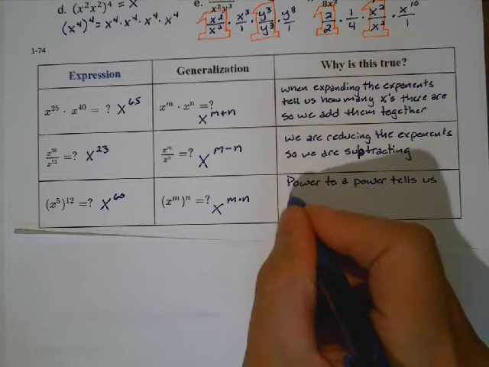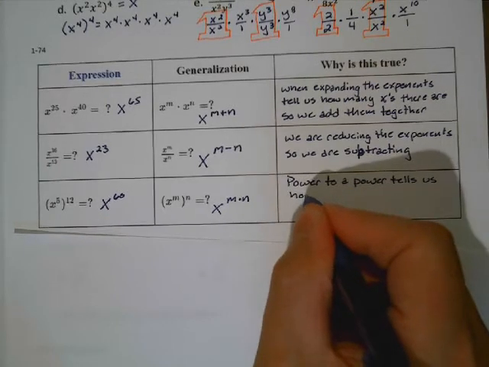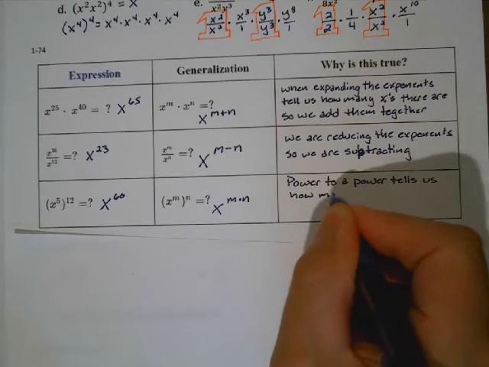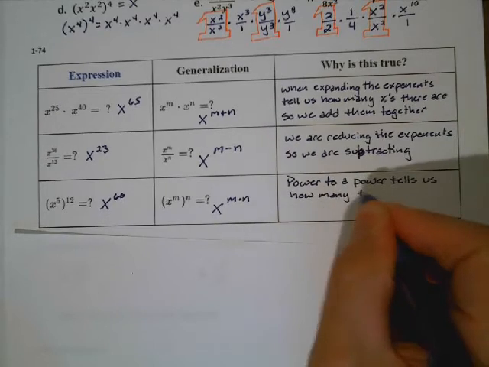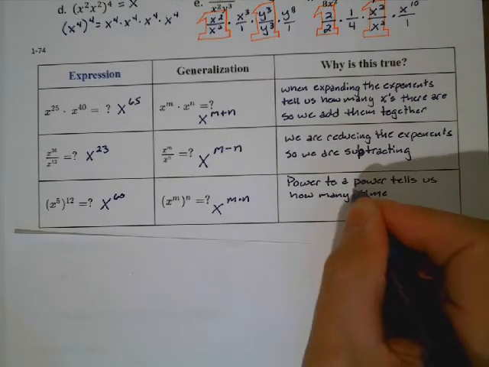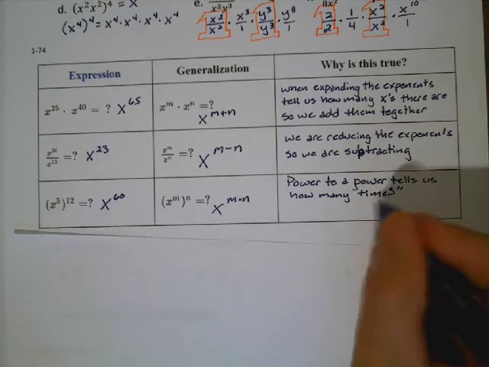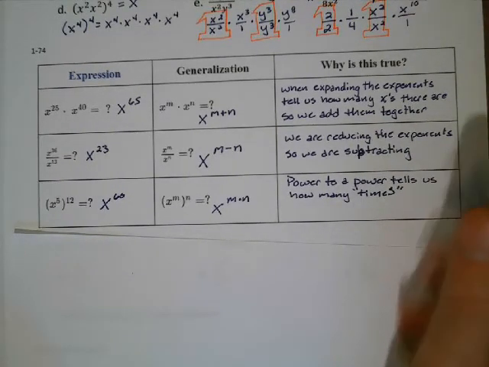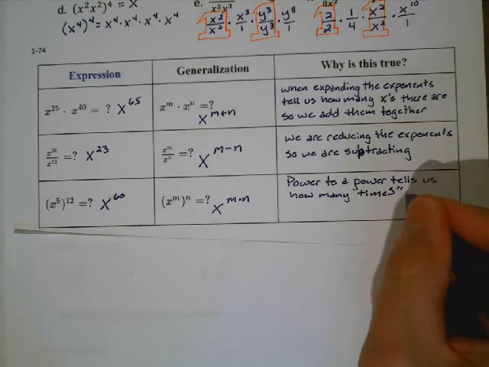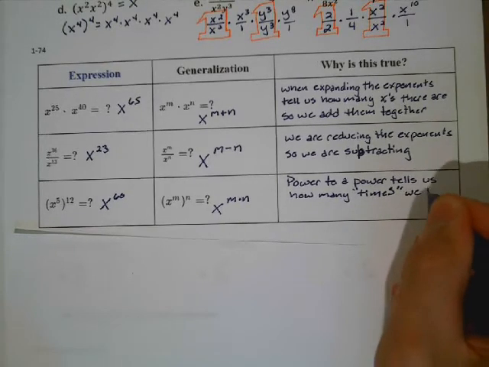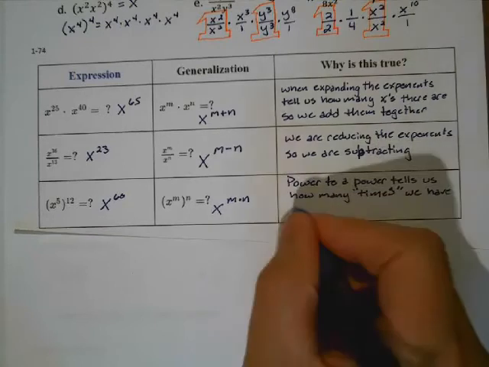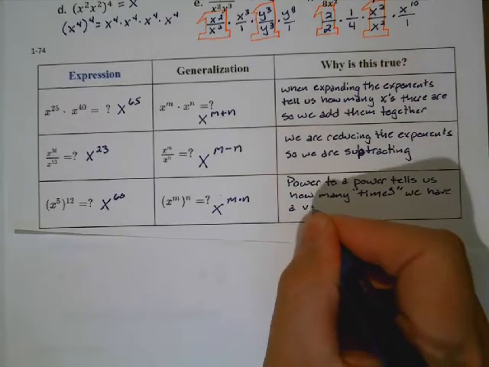tells us how many times, and I'm going to put in parentheses, how many times means multiplication sometimes, right? How many times we have a variable, so we multiply.